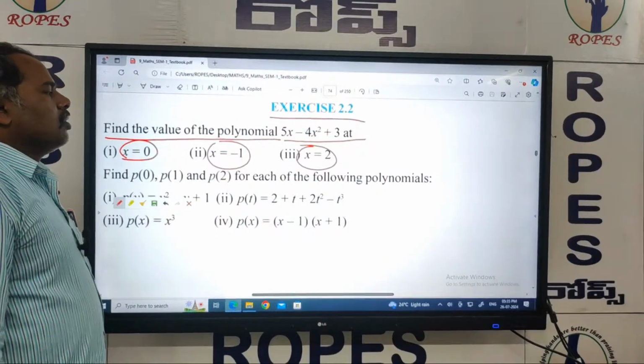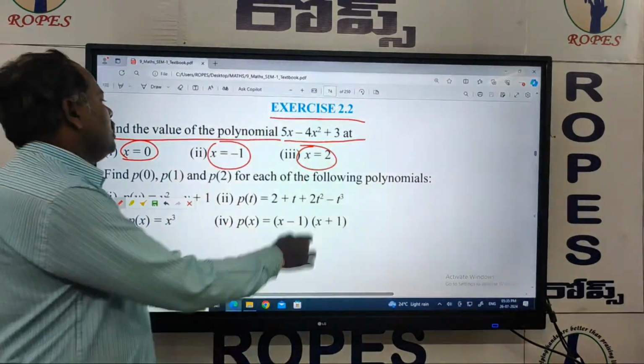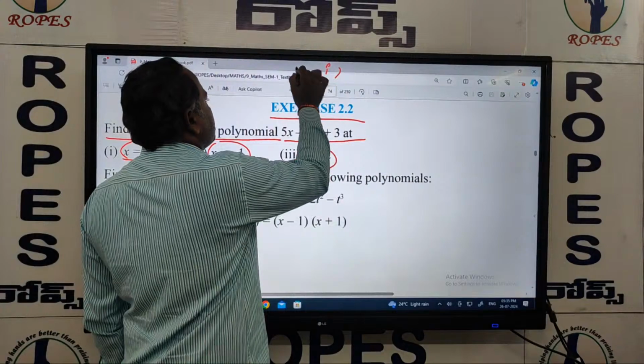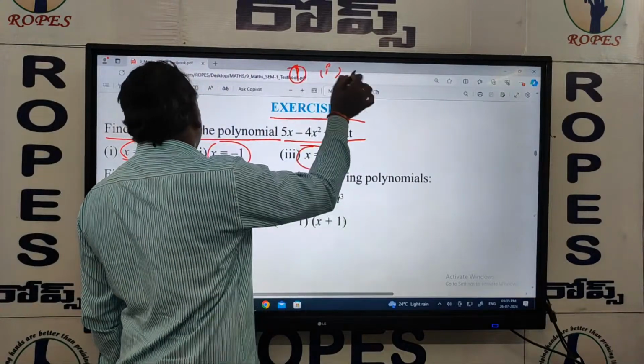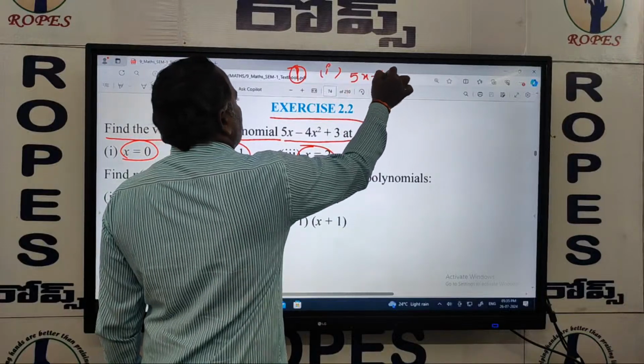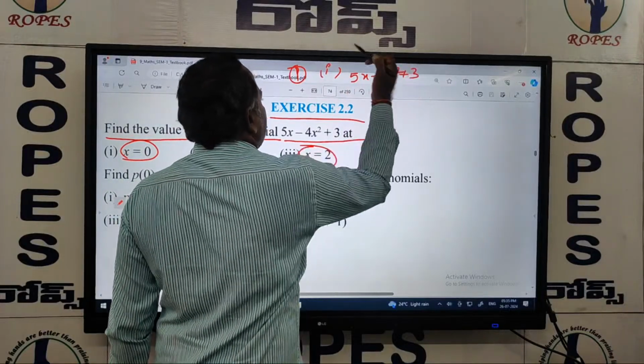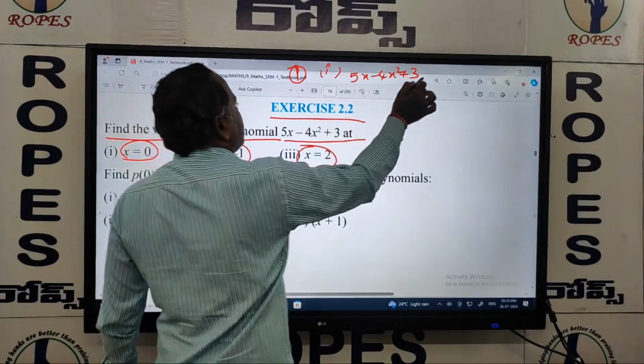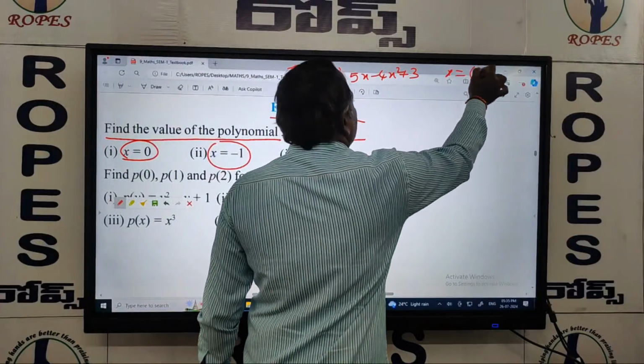Now when they give it like this, we complete one sub question at a time. See here, the first one is 5x minus 4x square plus 3, and in this one x is equal to 0 is given.